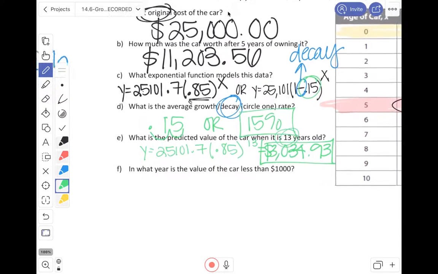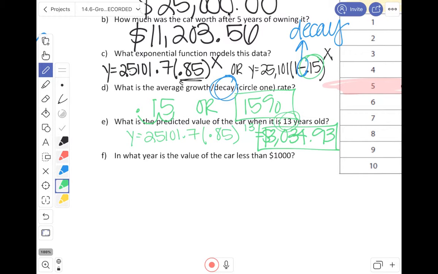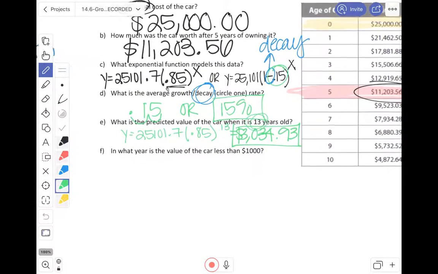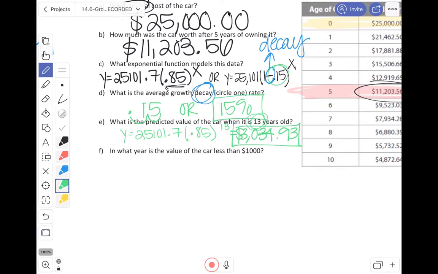And this one wants to know, in what year is the value of the car less than $1,000? So we are going to plug in 1,000 for y, equals 25,101.7 times 0.85 to the x. And you could plug this in Desmos and see where the graph crosses. You could literally plug it in.